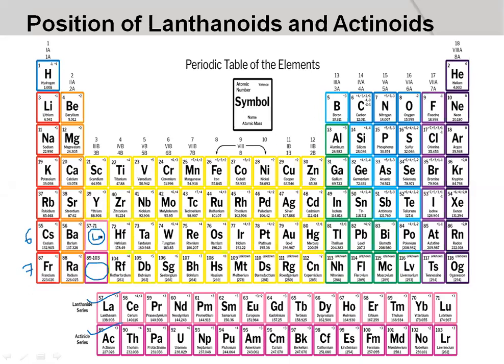Your lanthanide series starts with lanthanum. Lanthanum का atomic number है 57. After lanthanum, there is hafnium, whose atomic number is 72. So the elements which lie between 57 to 72, that is cerium 58 to lutetium 71, they all are placed in third group and sixth period of the periodic table here. सारे के सारे elements कहाँ है?